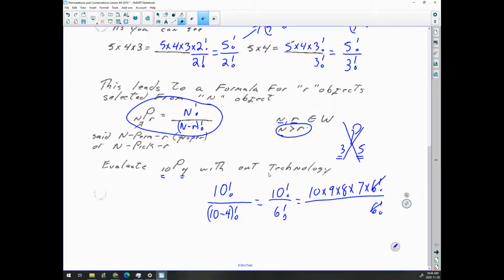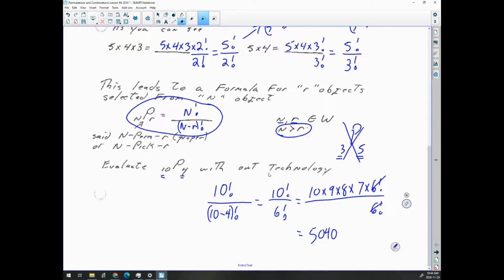We can cross that off. We have 720 times 7, so 5,040 ways. Again, going from here to here is just math, and we all can do that.